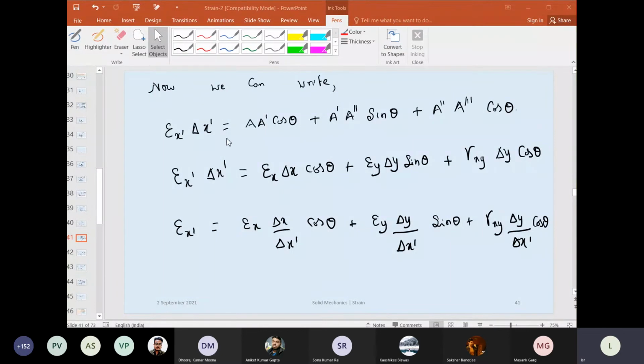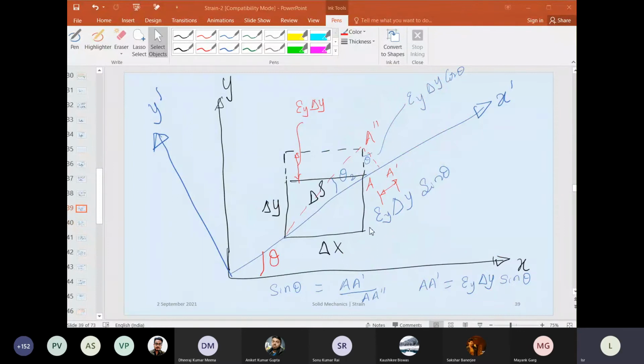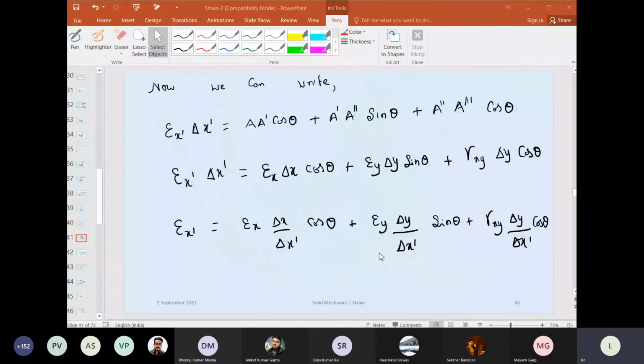Now since, sorry, I have written wrongly, I think. Everything when you are projecting it to X prime, this is what is epsilon X prime actually. This is a component of epsilon X prime. So because you are talking about along X prime axis, epsilon X prime delta X prime. This is the deformation. You see, total length.